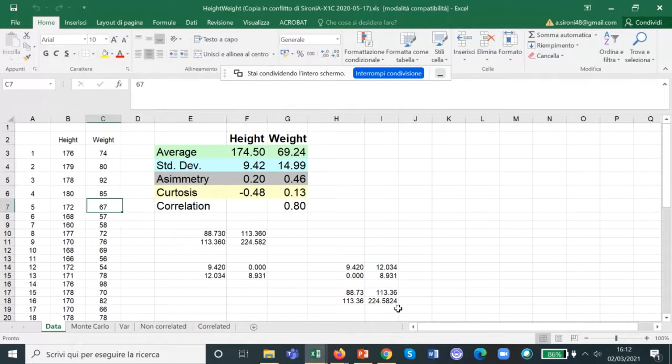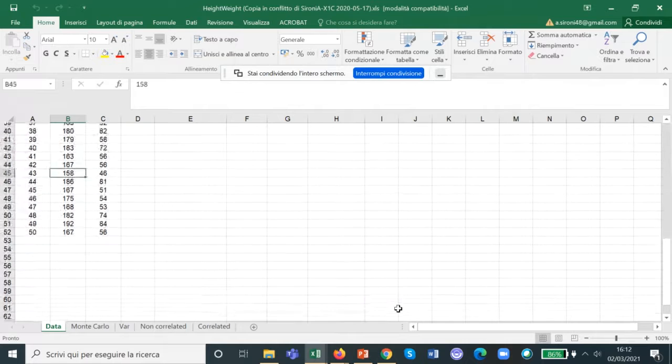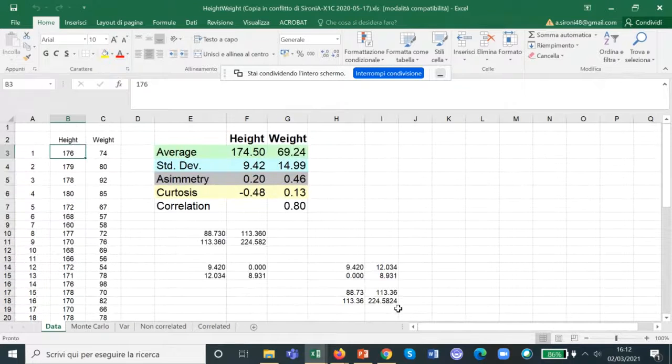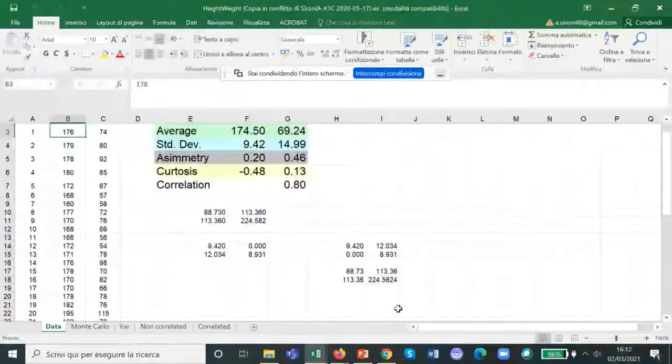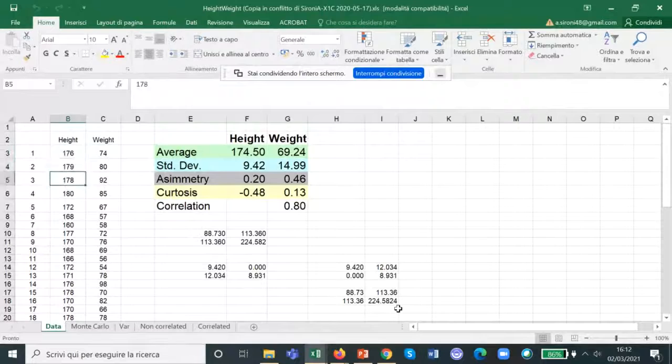So what I'm going to use is the data from the class of last year, okay? What you see here in this Excel file, that I will upload in Blackboard, is 50 data points for height and weight of 50 students, okay?